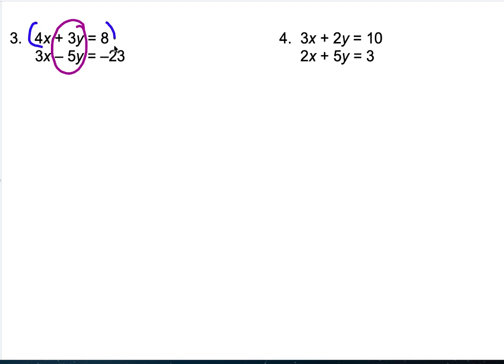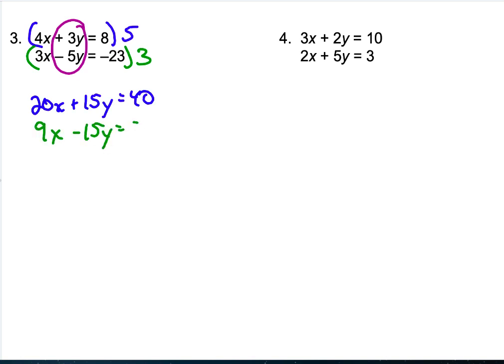So I'm going to multiply the first row times 5. That's going to give me 20x plus 15y equals 40. I'm going to multiply the second row times 3. So 9x minus 15y equals -96. But you'll see that now my y's are going to match up and turn to 0. 15 and -15 is 0.